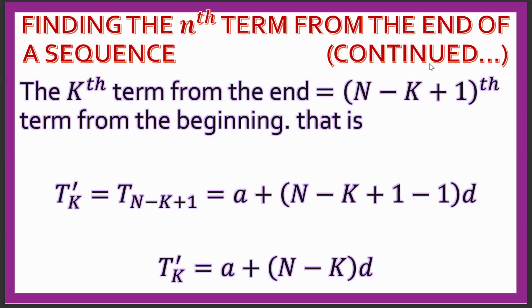This is another formula: t dash k is equal to a plus N minus k into d, and the same formula is l minus k minus 1 into d.